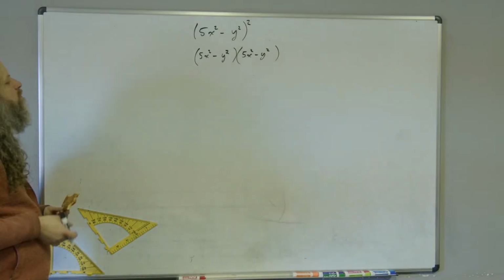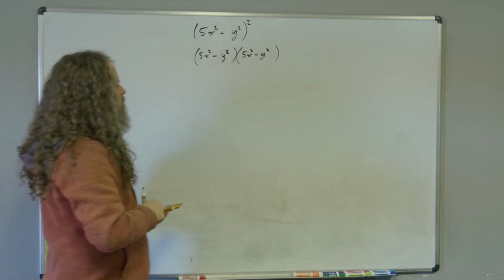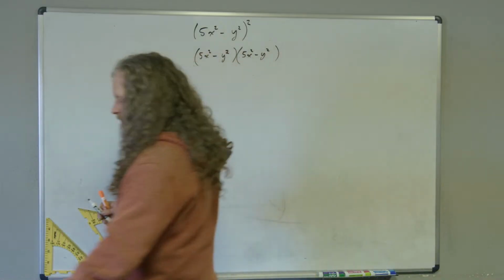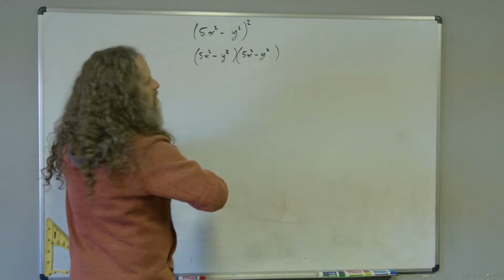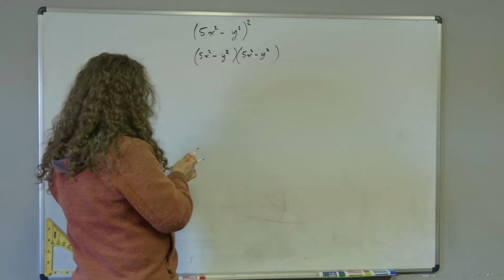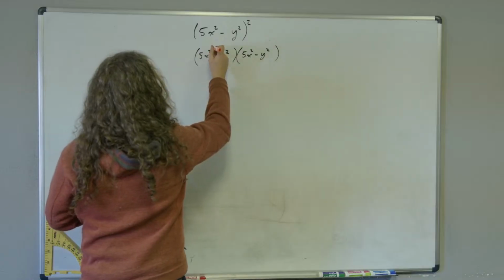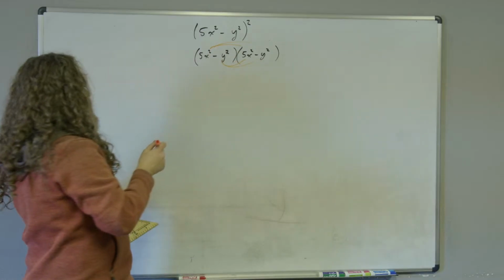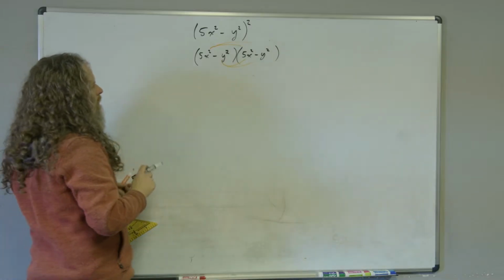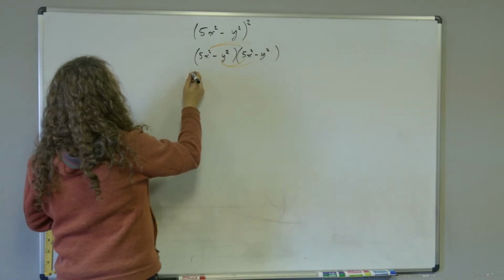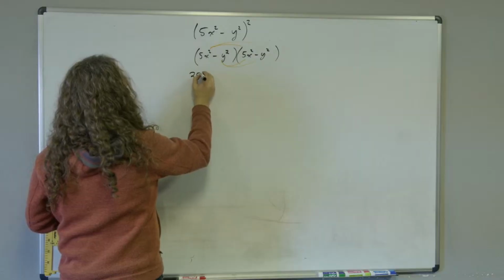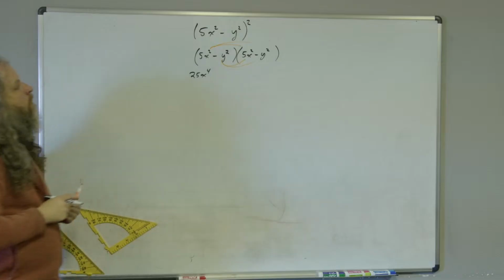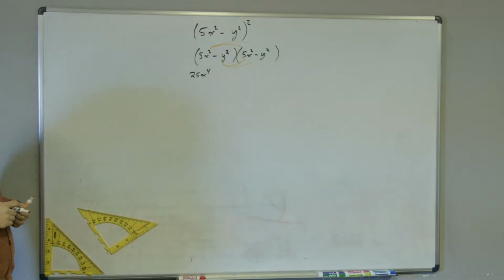Okay, now what? 5x squared times 5x squared. In other words, we're going to distribute, right? What's 5x squared times 5x squared? What's 5x squared times negative y squared?